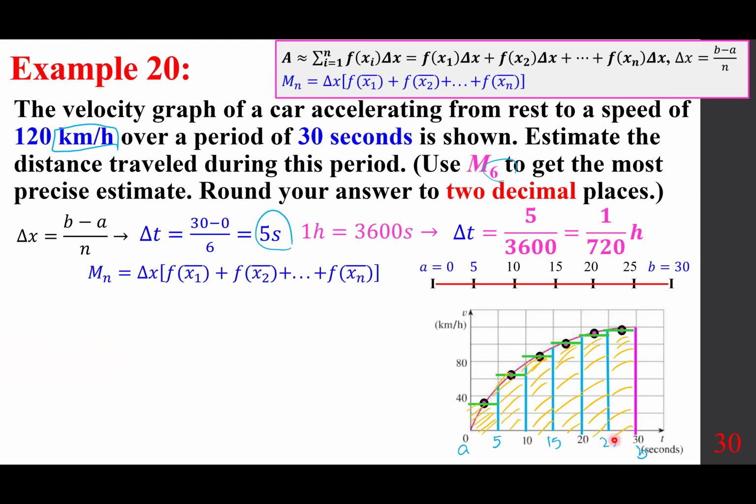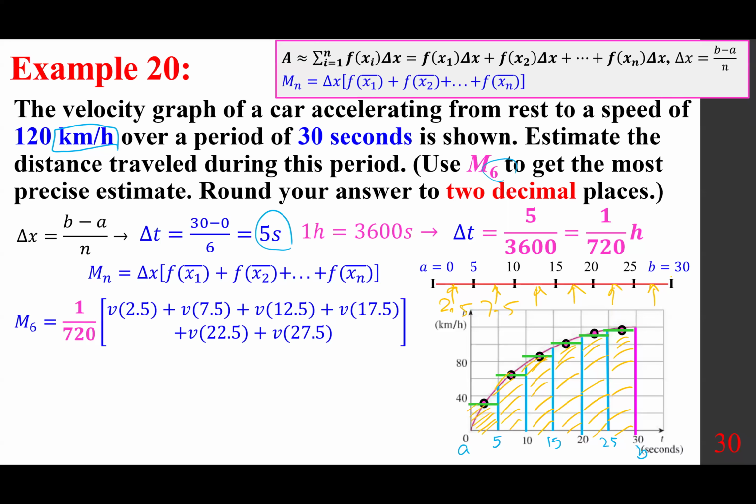And again, in between here is 2.5, then 7.5, keep on adding 5. 12.5, 17.5, 22.5, 27.5. So these midpoints, here is 2.5. Here's 7.5 and the rest of them, okay? That's what I mean. This line segment is really helpful.